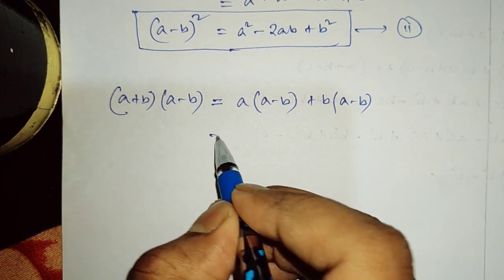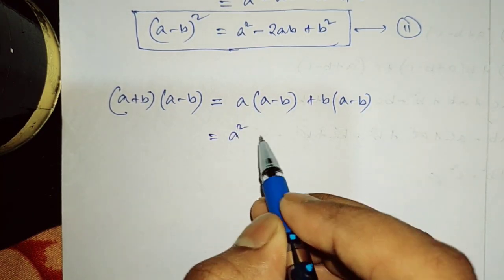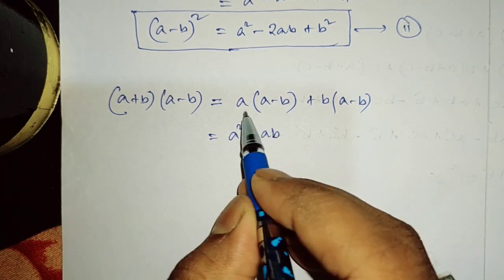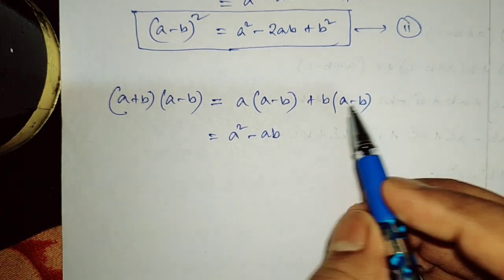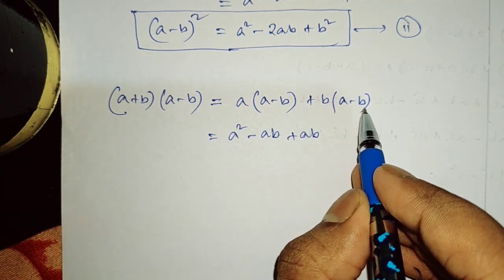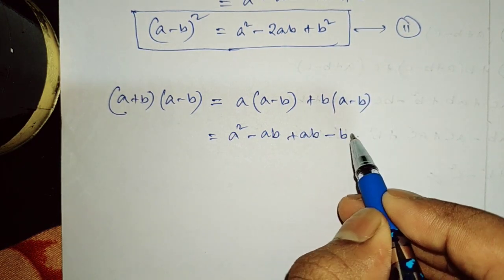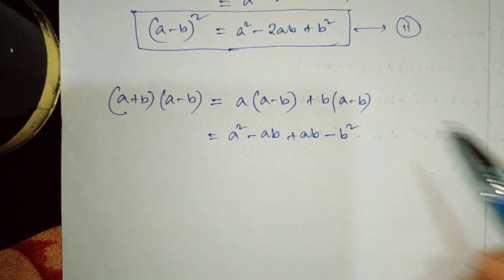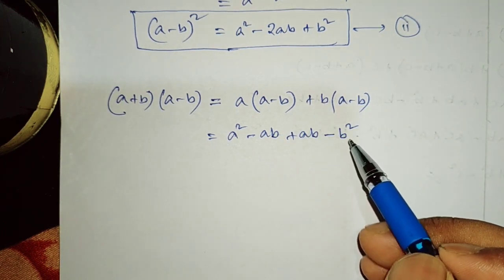Then a into a is a square, a into minus b will be minus ab, then b into a will be ab, that will be plus ab, then plus b into minus b will be b square but negative. Plus into minus will be minus, so b into b is minus b square.